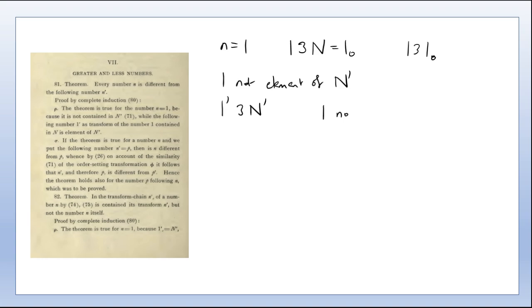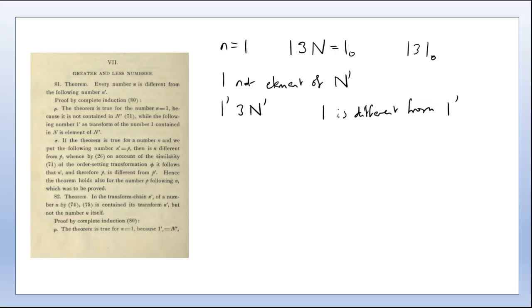Okay, so 1 is different from 1 primed, which is the number following 1.